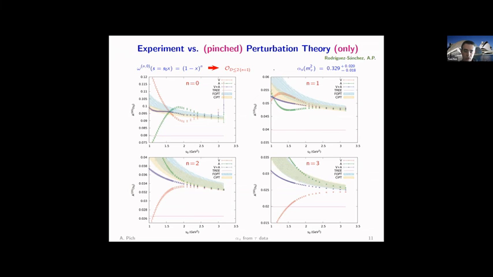In addition, you see that it has opposite sign for vector and axial, and which compensate to some extent in vector plus axial. Again, in the other plot, n equals 3, you see the same effect, but now you are missing dimension 6 and dimension 8. And again, you see that the non-perturbative correction that you are missing in the plot has the behavior that you would expect.